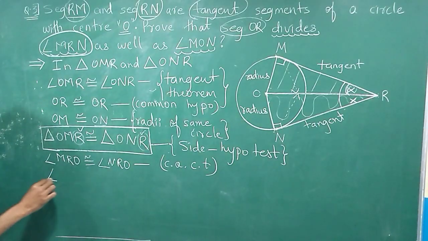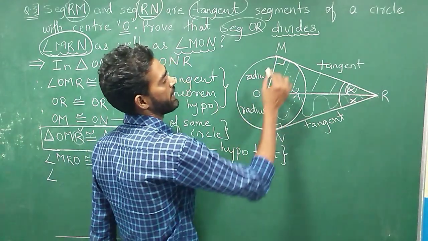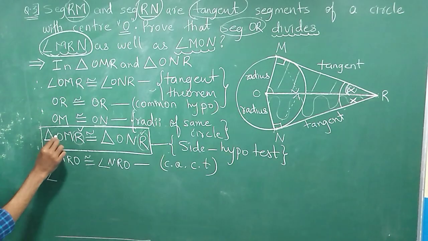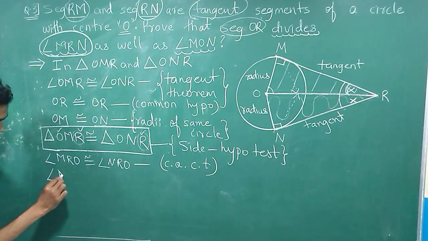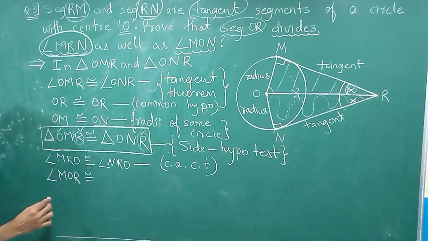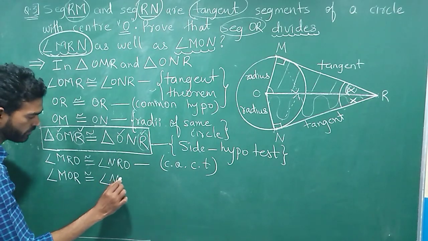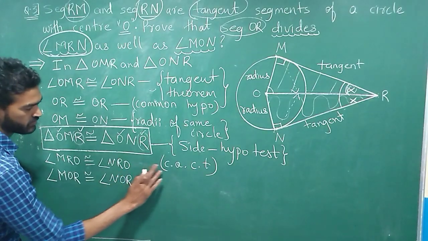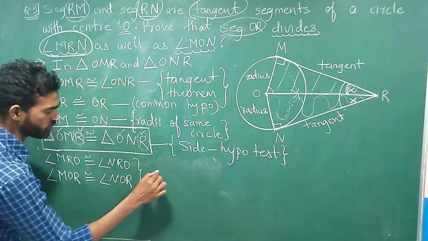One more angle. Look, this angle O. Where is it? MOR, back in this triangle. Now we are talking about this first angle, so I can write MOR is congruent to NOR. Both have the same reason, so instead of writing it twice, we can write the same reason for both.